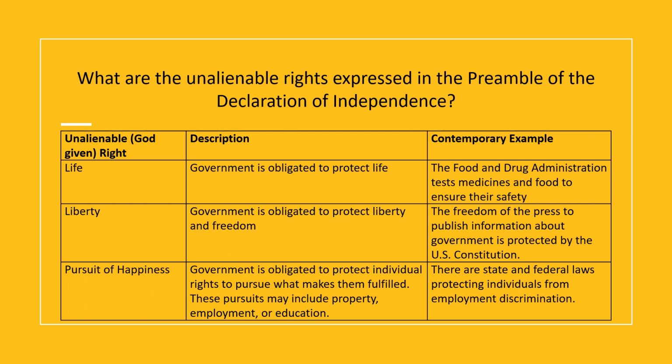But at the same time, what if there is no benefit of denying somebody their right to purchasing property, their right to employment or their right to education as some ways that people pursue happiness. There are state and federal laws in place that protect individuals from employment discrimination.